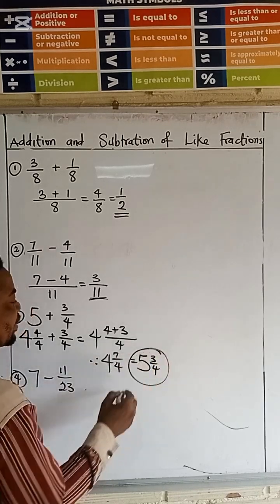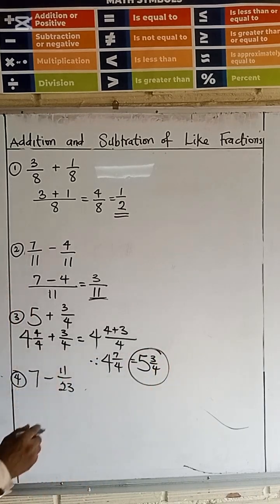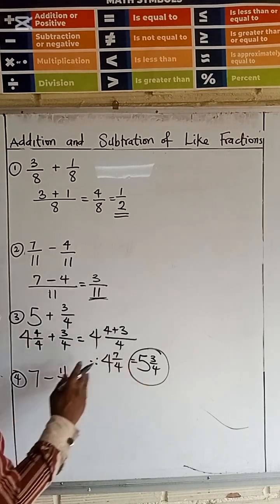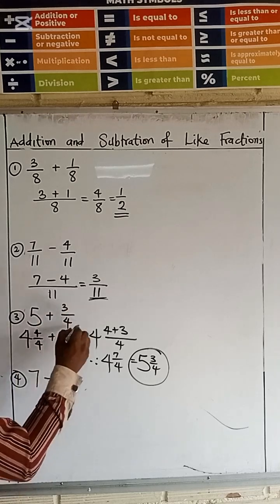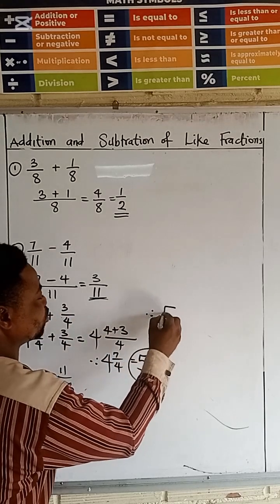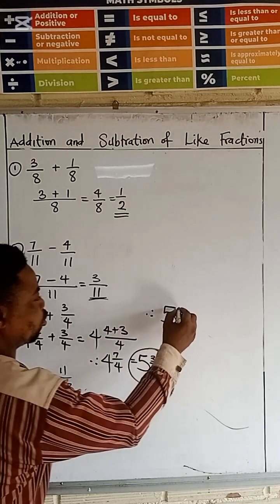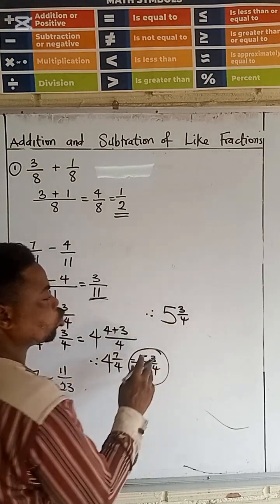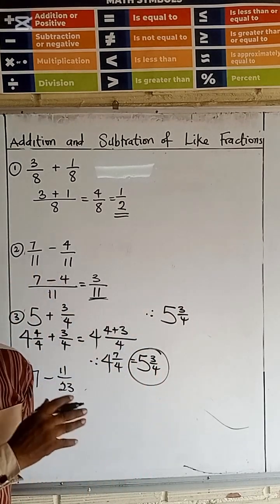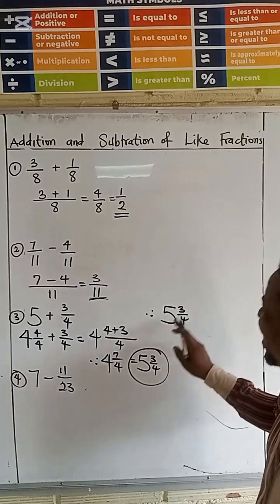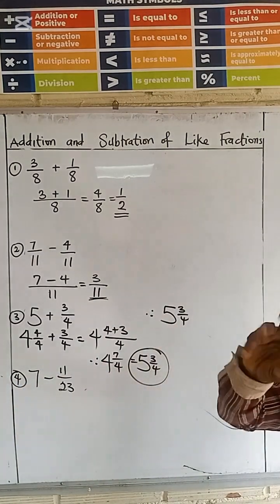Now take a look at this answer. What could we have done to get the answer even without all this calculation? Just join the two of them together. So, class, look at it: 5 plus 3 over 4 is 5 whole number 3 over 4. So you have seen it. If you want to add any whole number and a fraction together, just join them together.